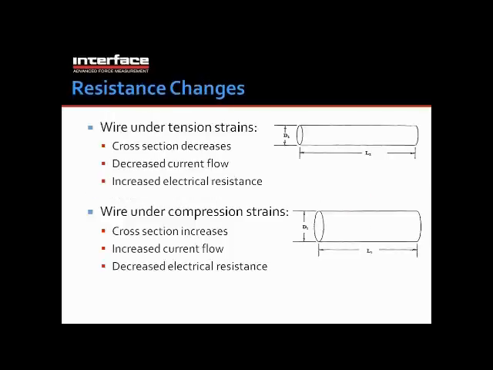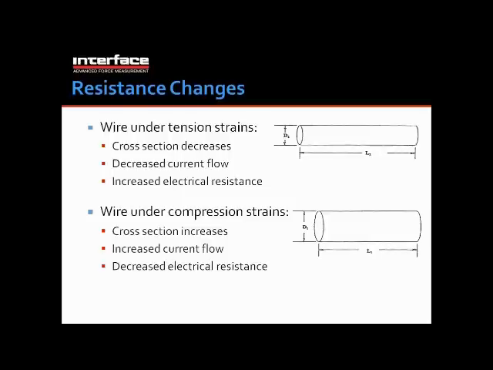So how does the resistance across a gauge change? Let's take, for example, a small segment of wire. If we pull on this wire, or if we put a tension load along this wire, we reduce the cross-sectional area of this wire. The smaller cross-sectional area will decrease the current flowing across this element of wire.